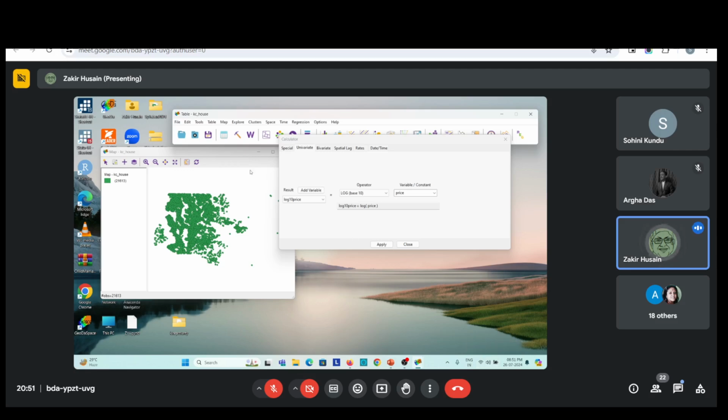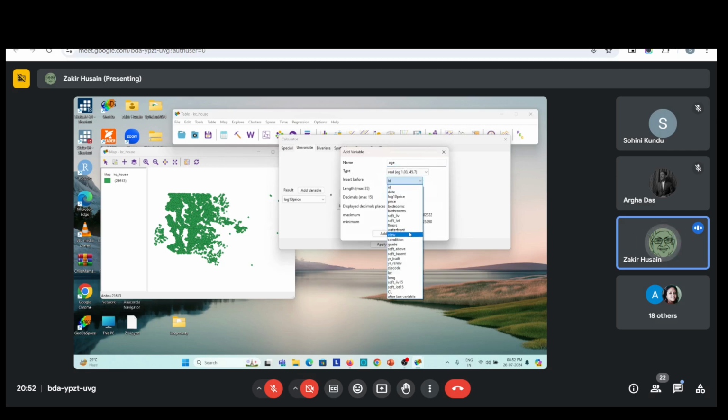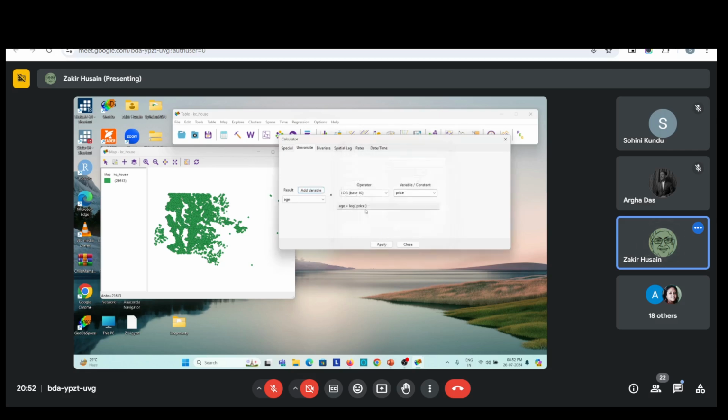So again, we create add variable. This is age. We want it before year built. Sorry, it has to be bivariate.